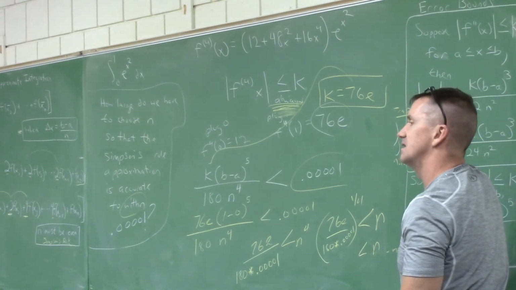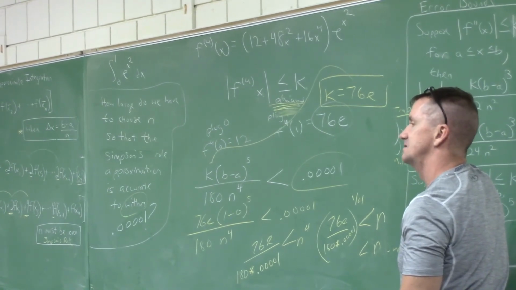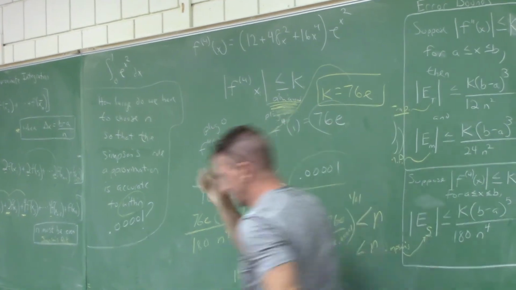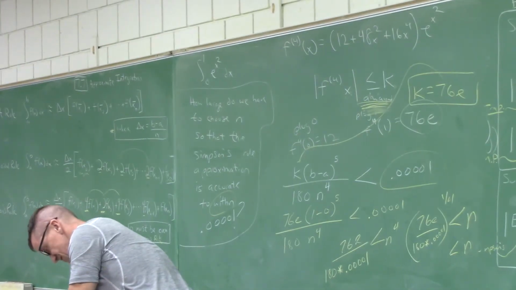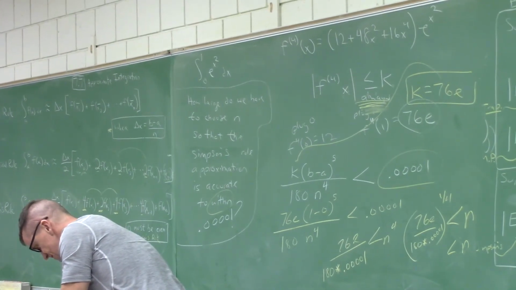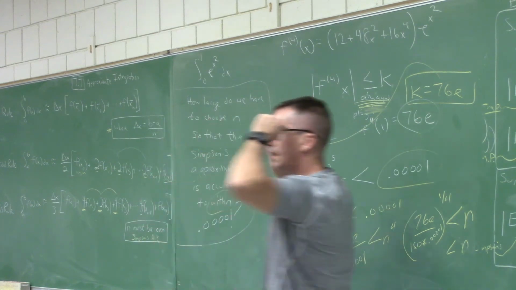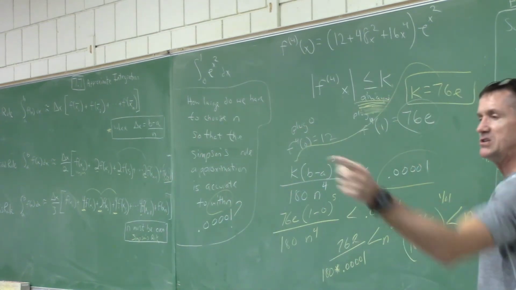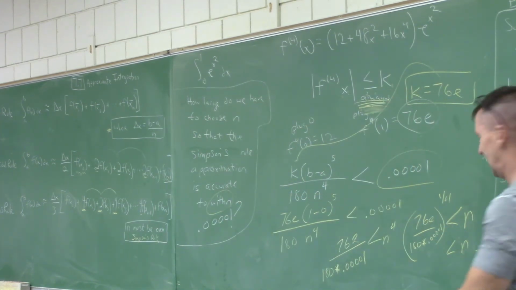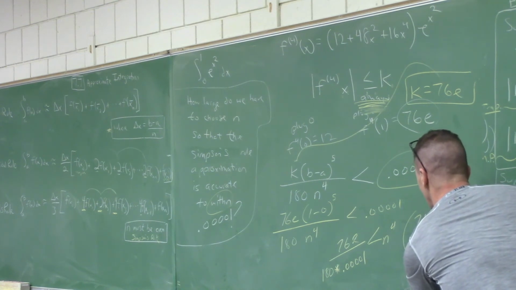Hey, what do y'all get? Chad did it earlier, so let's see if I can see it over here. Anybody get a number? 20. Okay, what'd you get before the 20? 18. He got 18.4 for this number.